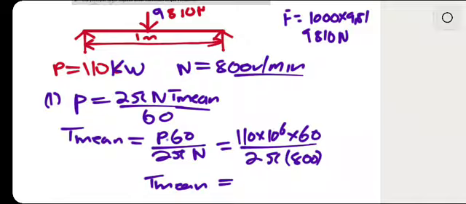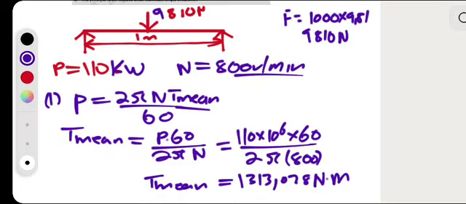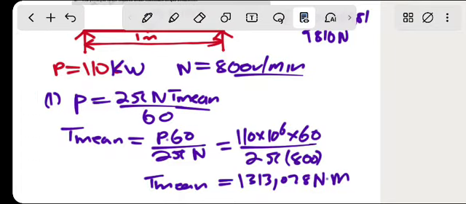Then what will be our T mean? T mean will be 1313.028 Newton meter. That is our T mean.